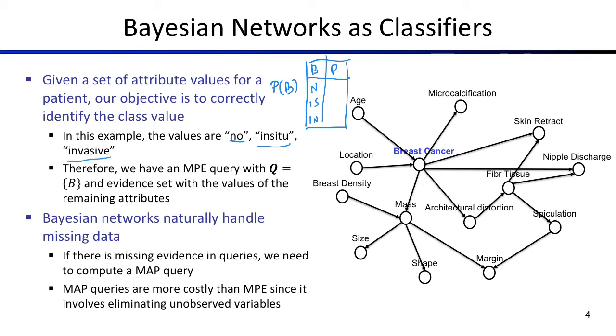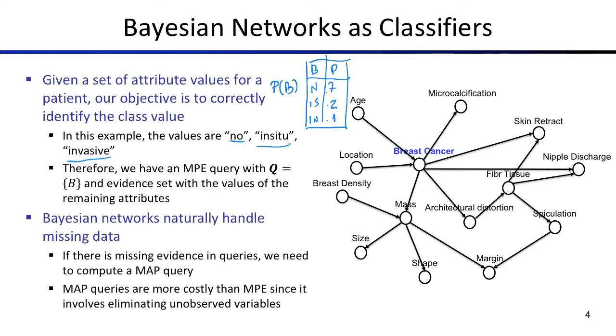And we're going to give one instantiation for the attributes that correspond to the observations for a patient. We're going to instantiate this Bayesian network and compute this probability. At the end, we expect to have one result that's something like, okay, this is 0.7, this is 0.2, and this is 0.1, something like this.